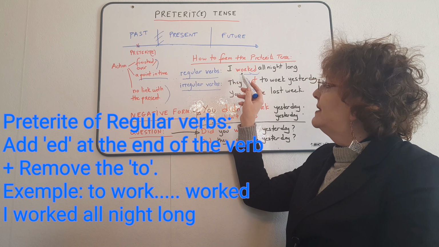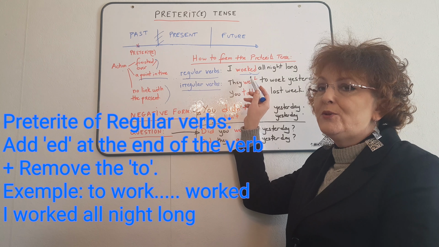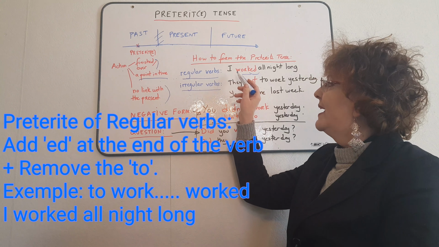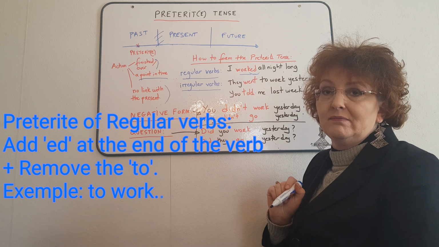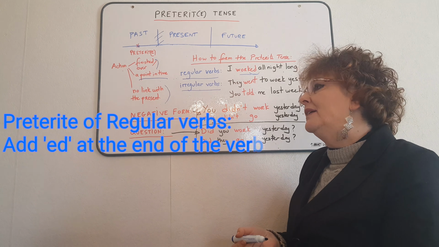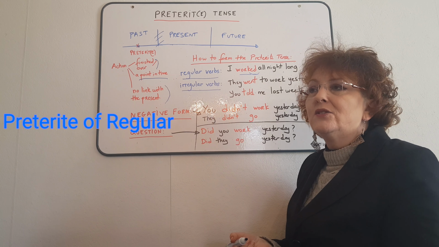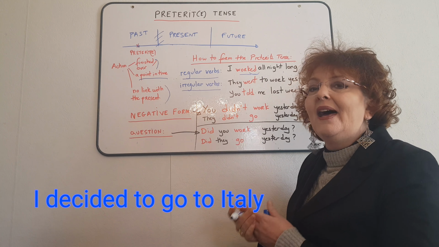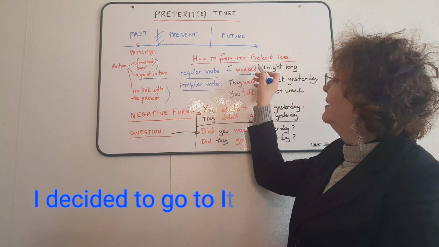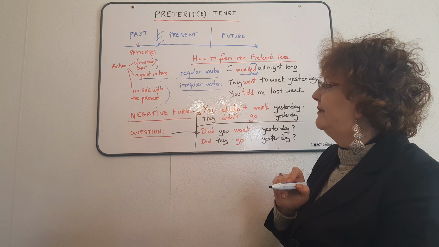So if my verb is to work and I want to speak in the preterite tense, I will say, I worked all night long. Or I could say, I decided to go to Italy. I just add ED at the end of my regular verb.